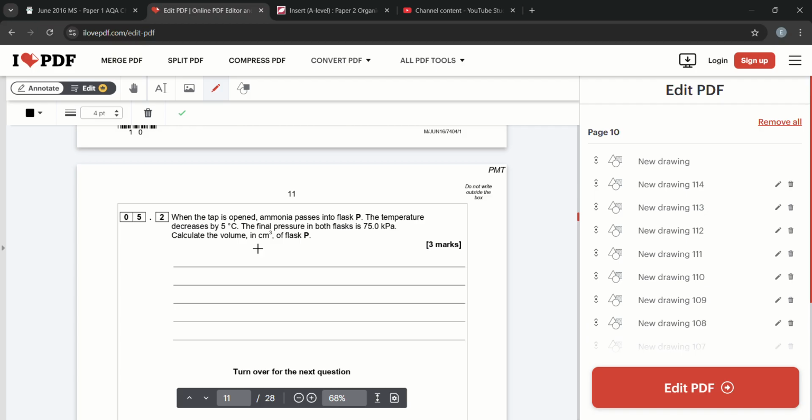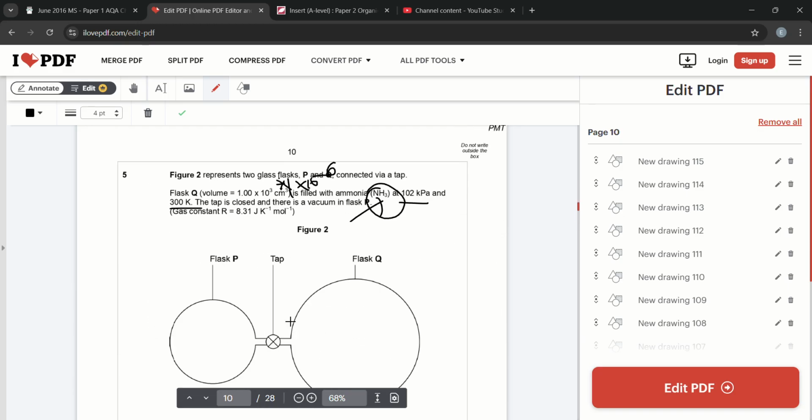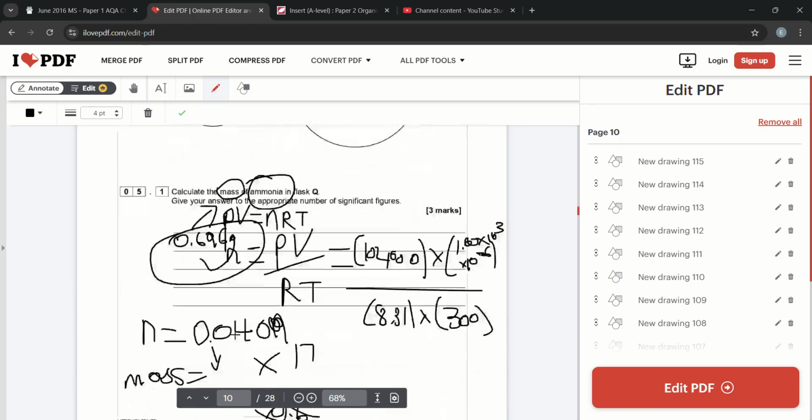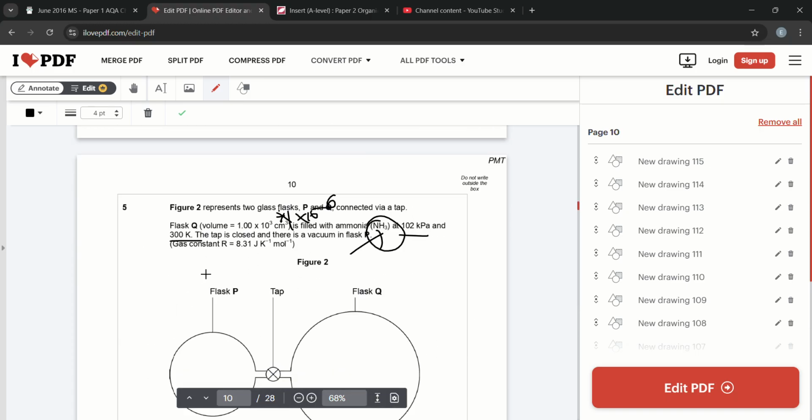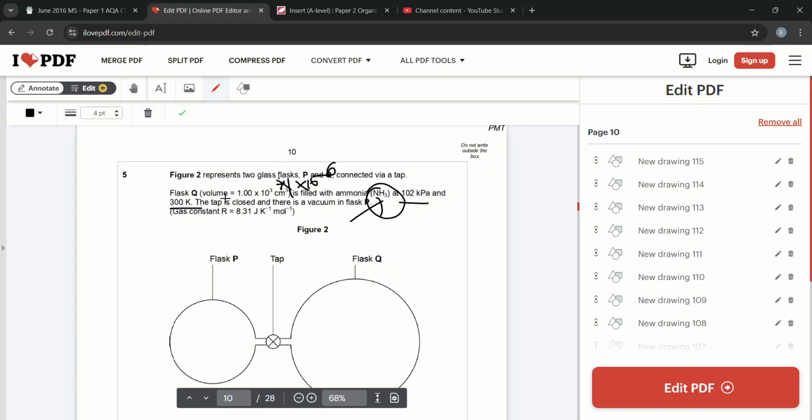5.2. When the tap is opened, ammonia passes into flask P. The temperature decreases by 5 degrees Celsius. The final pressure in both flasks is given. Calculate the volume of flask P. If you look back at the diagram, we know flask Q's volume is 1.00 times 10 to the power 3.